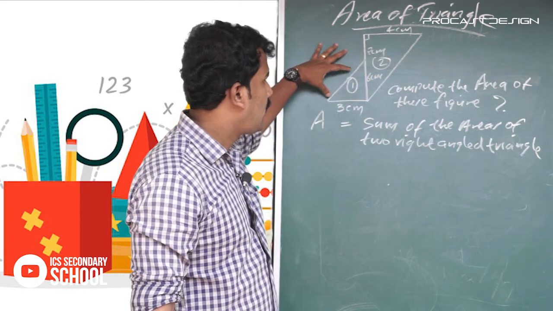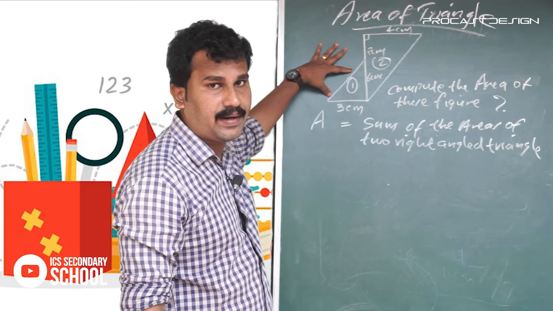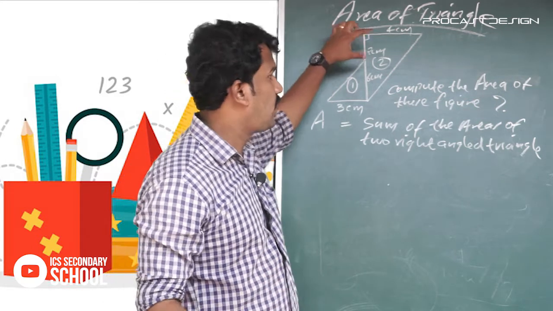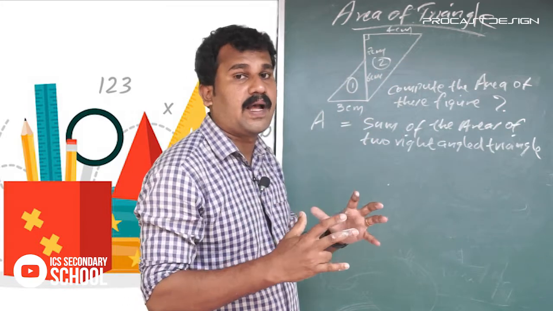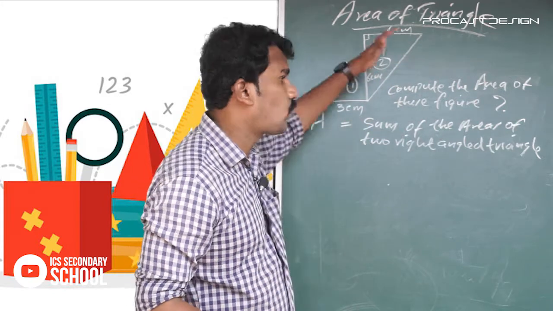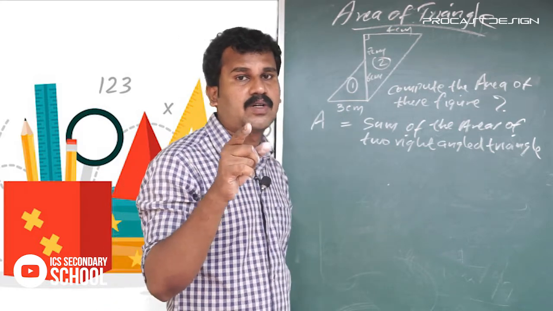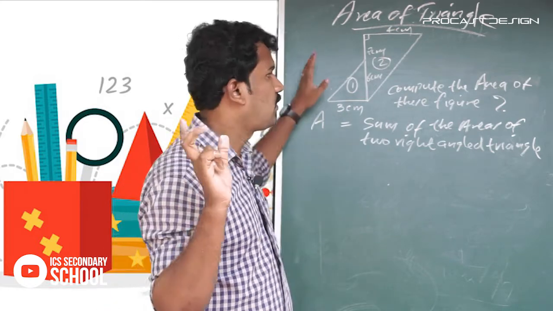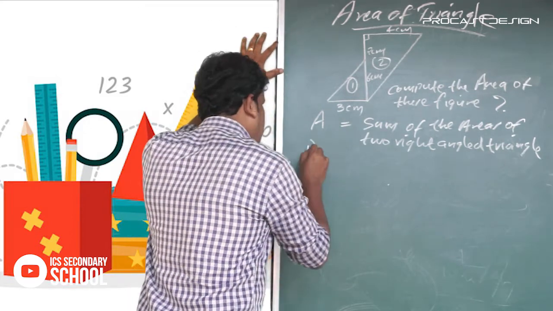First we calculate the area of the first right angle triangle, then we calculate the area of the second right angle triangle, and the sum represents the total area of this figure. Okay, got it?